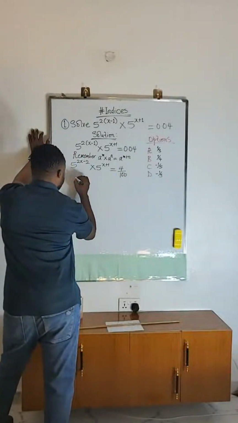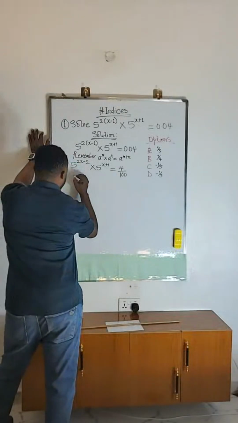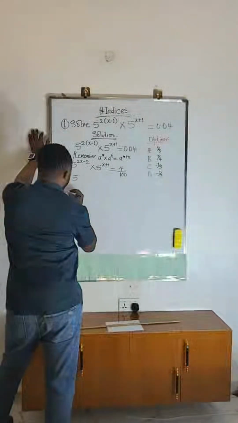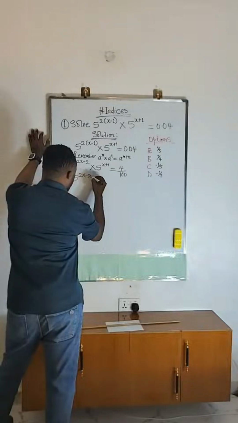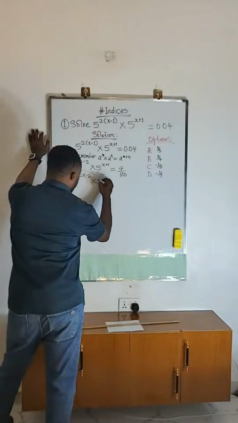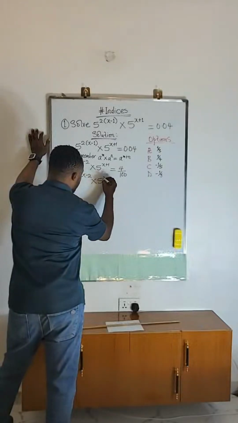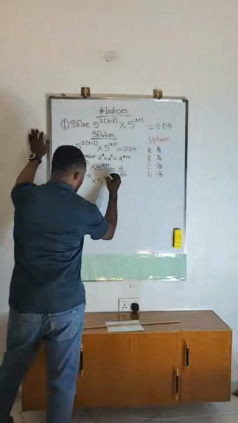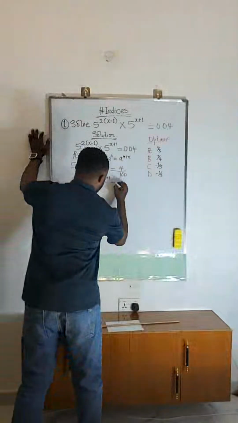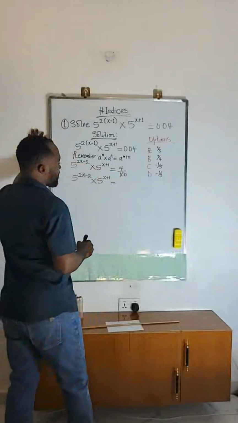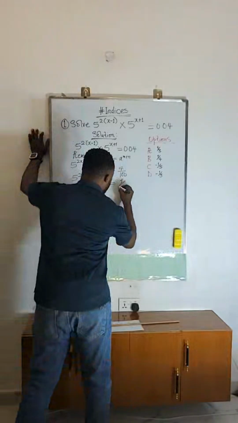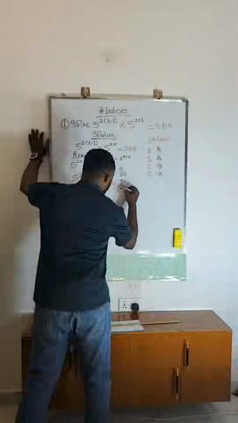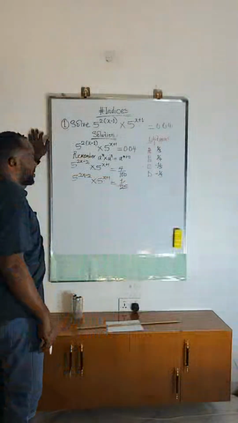The next step, we are going to have 5 raised to the power of 2x minus 2 times 5 raised to the power of x plus 1 equals, this is the same thing as 1 over 25. Is that okay?